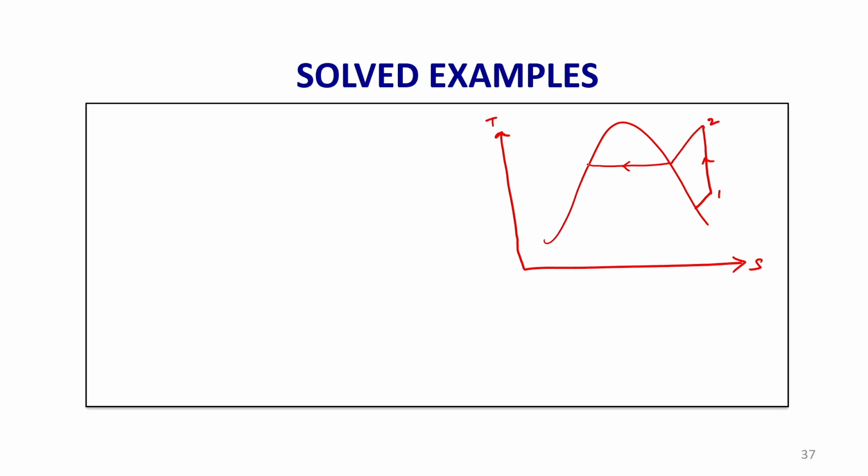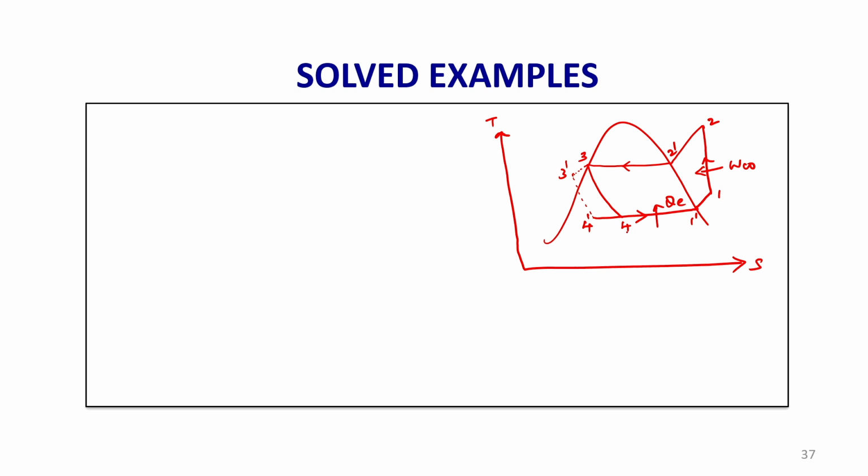Subcooling is shown by the dotted line. This is the isothermal heat addition process, QE. This is work of compression, this is 1 dash, this is 2 dash. This is 3, this is 3 dash, this is 4 dash, and of course this is 4.